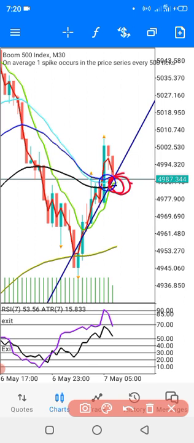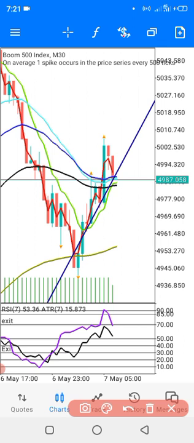Just observe it, you see more reaction. There'll be more reactions here because the 50 moving average, the 35, the 26, they are all under the price, and there will be multiple reactions. Multiple reactions will come up any minute from now on boom 500.